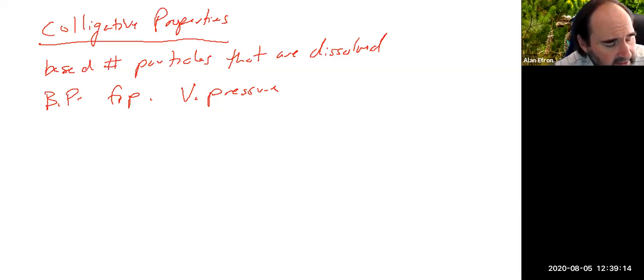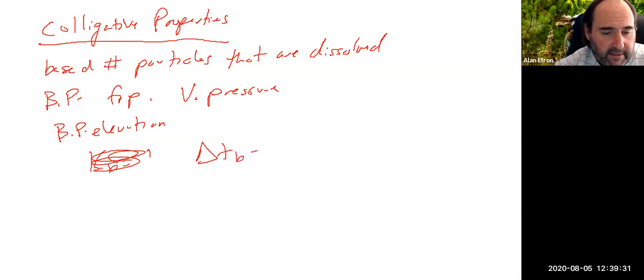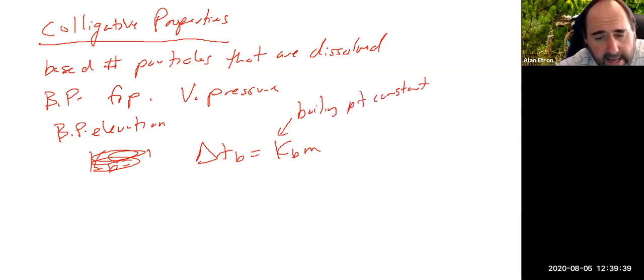And what that means is we will see things like boiling point elevation. So we'll see boiling point elevation, where we have delta TB equals KB times m. KB is our boiling point constant, and that is based on the solvent, as we talked about.